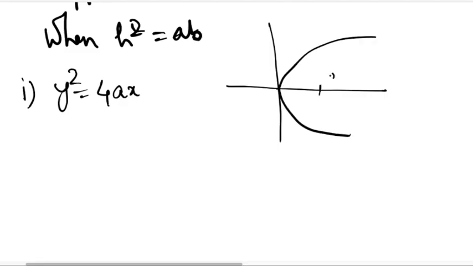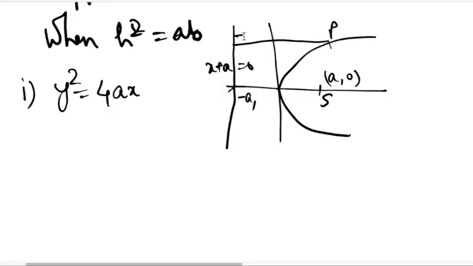Its focus, the fixed point, will be a comma 0. Its directrix, a fixed line, will be x plus a equals 0. The coordinate of this perpendicular foot will be minus a comma 0, and the vertex will be at the origin.